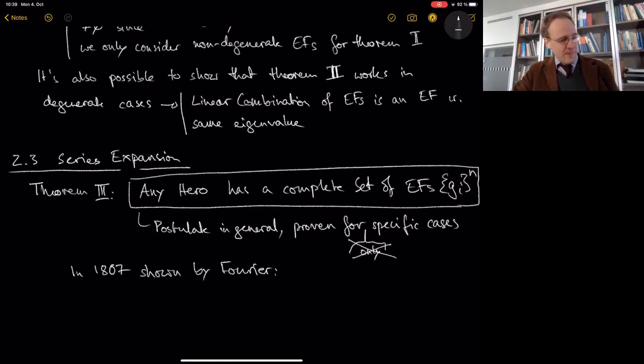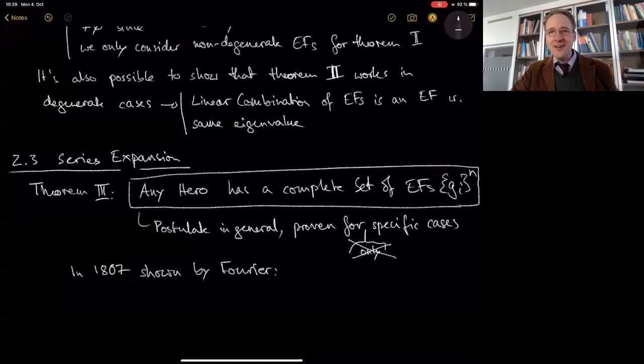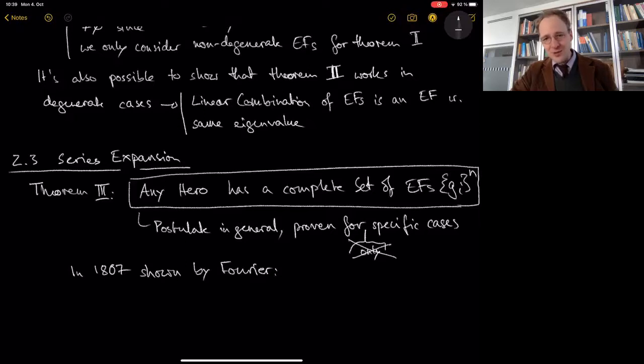But it was shown that if you have a complete set, then you can expand any of those functions which we decided we would limit ourselves to, so differentiable, continuous functions. Any such function you can expand in this set of eigenfunctions.